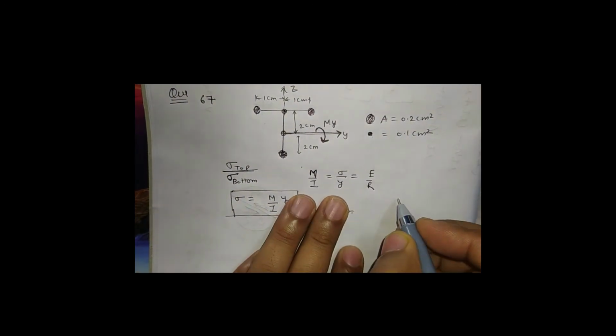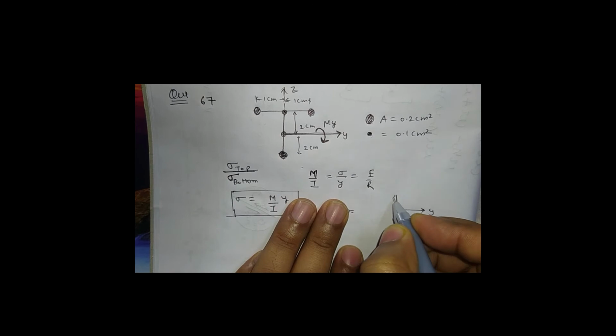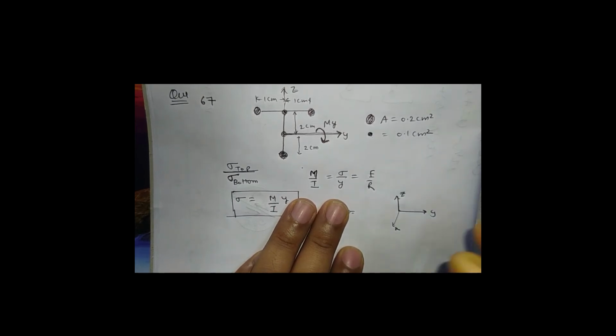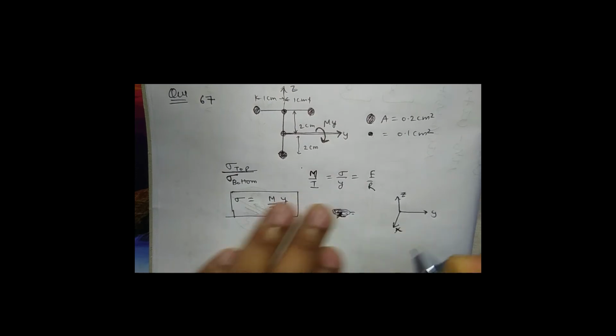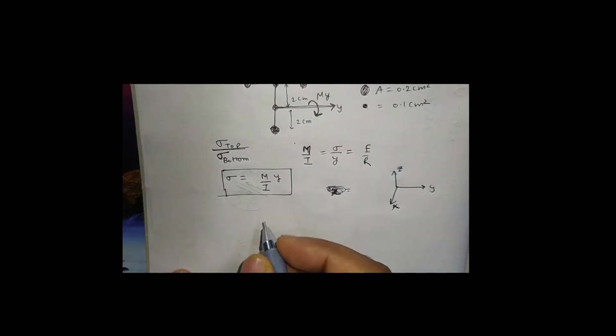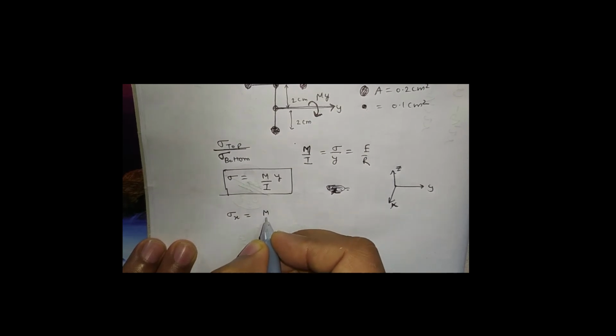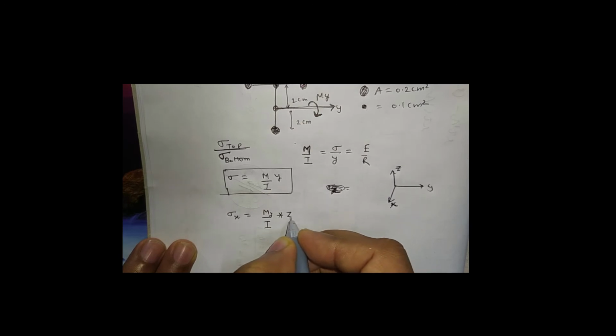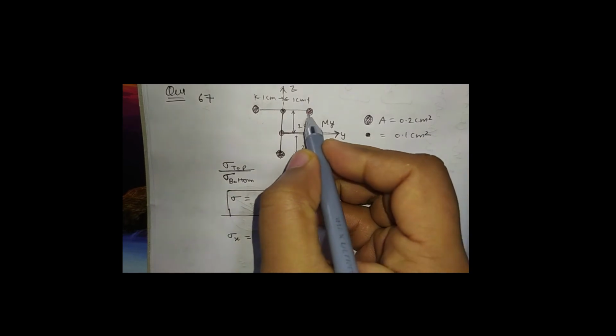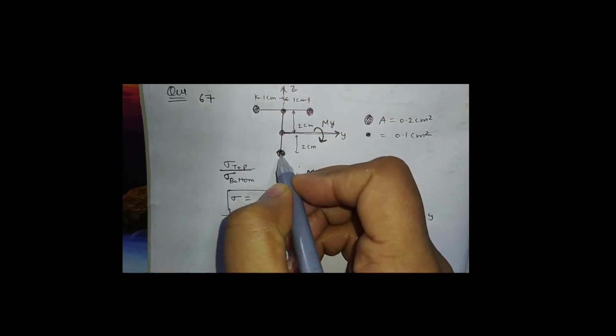The coordinate system is given: this is y, this is z, and this is x. Because of the bending, there will be normal stress along the x direction, which would be sigma x equals M by I multiplied by z. We have to find the stress in the top boom relative to the bottom boom.